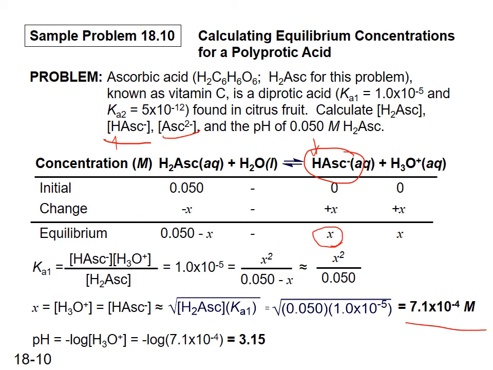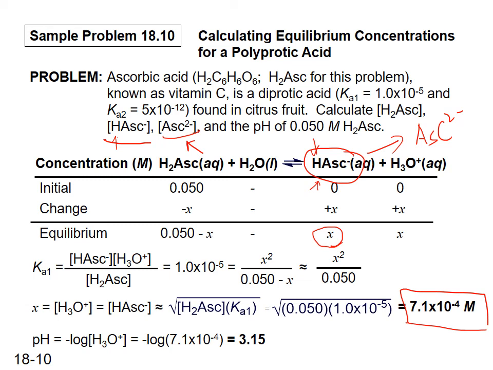So the answer for this one is the same, 7.1 times 10 to the minus 4 is the anion with 1 hydrogen. But what about the second one, the anion with no hydrogen? This one is generated by the anion with 1 hydrogen, so it is the anion in the second dissociation reaction, not the first one.